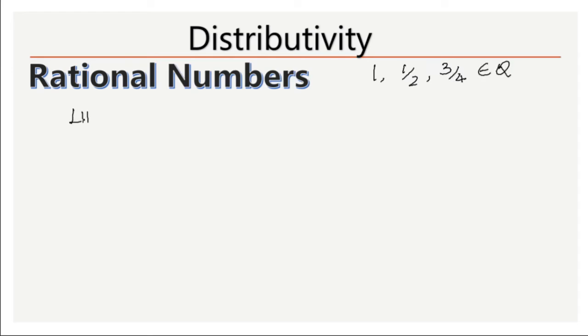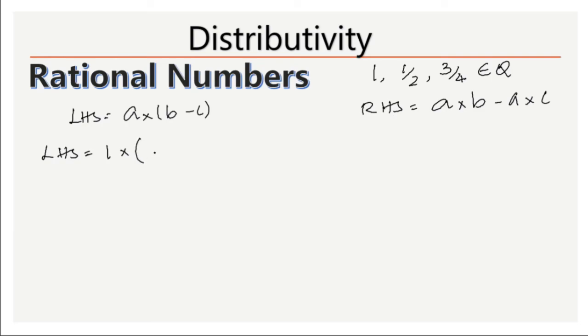Let me verify a into b minus c equal to a into b minus a into c. Here, the left hand side will be 1 multiplied to 1 by 2 minus 3 by 4. And the right hand side will be 1 multiplied to 1 by 2 minus 1 multiplied to 3 by 4.